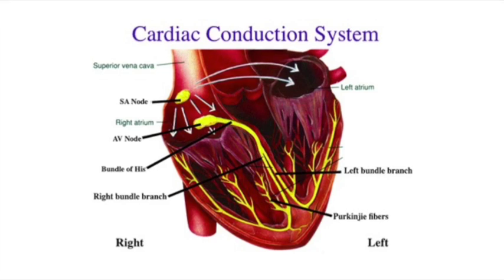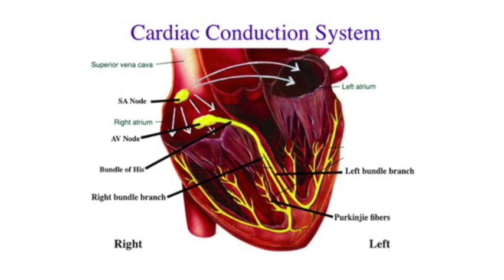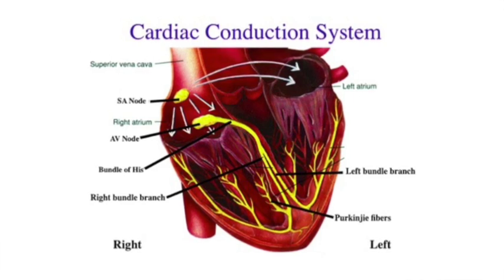From this AV node, the impulses will spread into the bundle of His, or the atrioventricular bundle, which is present in the interventricular septum.